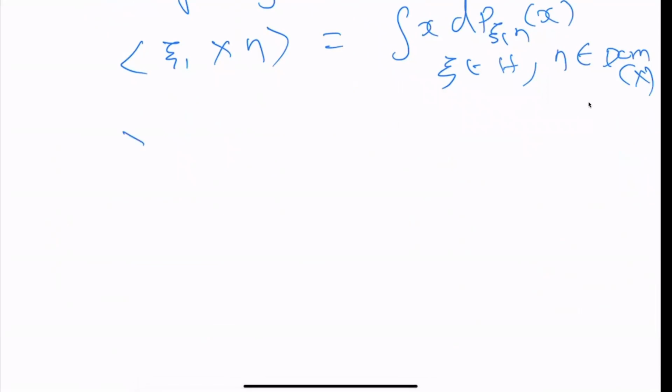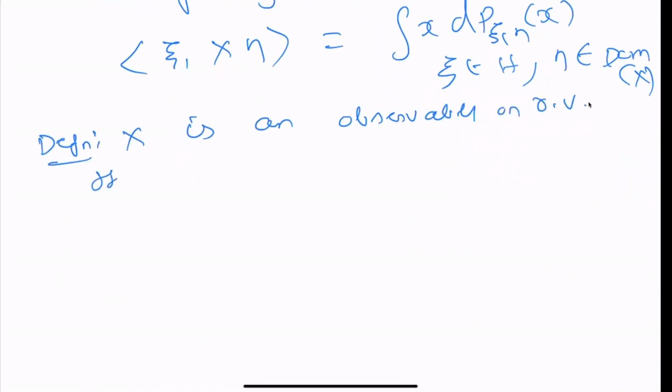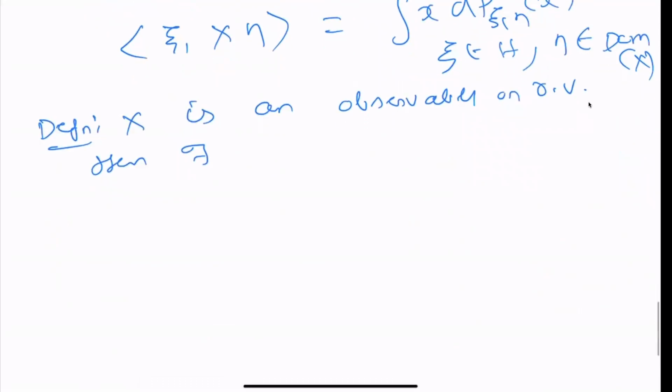So if X is an observable or a random variable, this is the definition. Then there exists a probability measure on R, which is actually supported in the spectrum of X, but let us not worry about it.